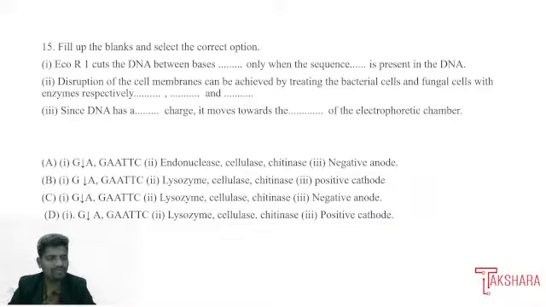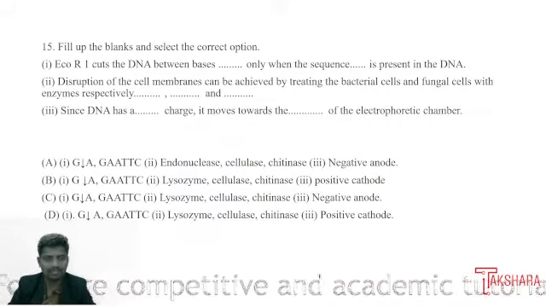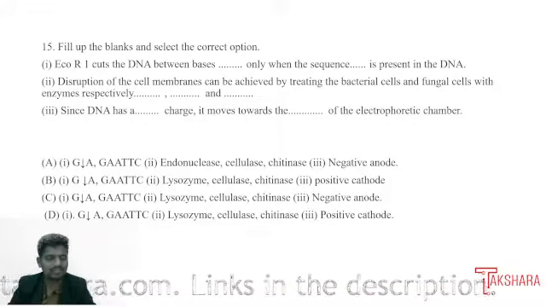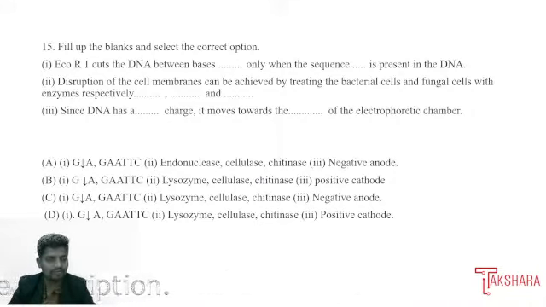Option 1: EcoRI has the ability to cut the DNA between the base pair dash only. We know that EcoRI has to cut the DNA at a specific region, that is between G and A, GAATTC. So one indicates G and A, where they have to cut. And only when the sequence dash is present in the DNA.